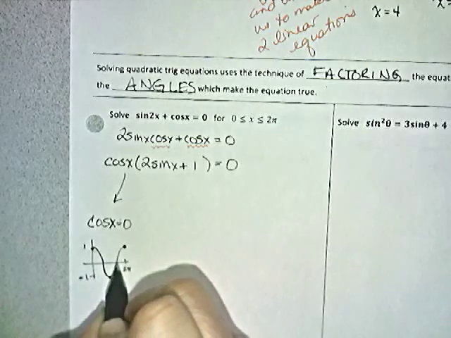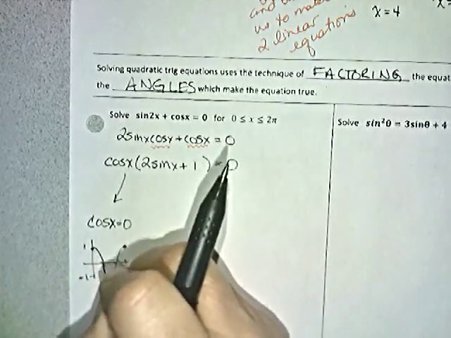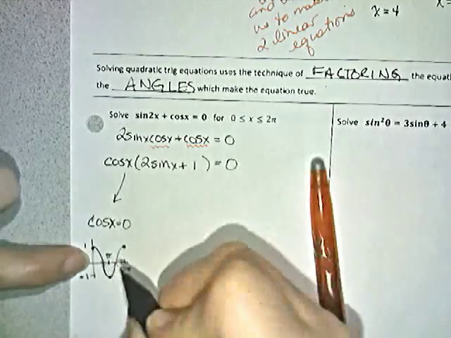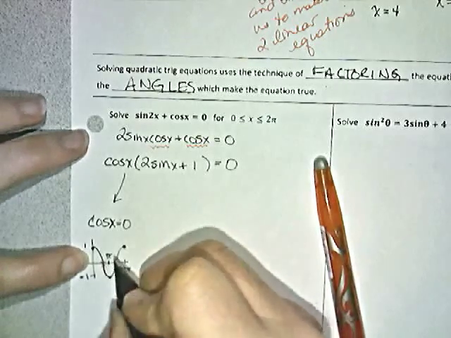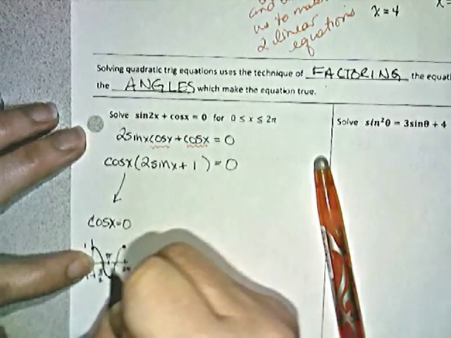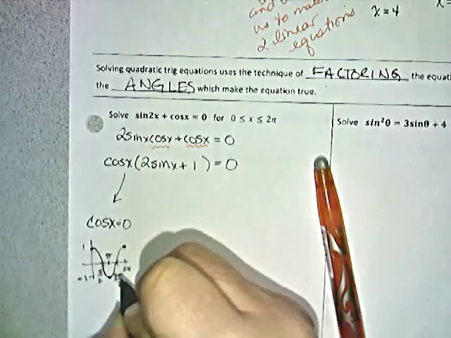What values are these where cosine is equal to 0? Well, right here and here, we know that that is our pi radians. I haven't drawn it fabulously symmetrical here, but I do know that these values would be halfway in between. And so we've got pi by 2 radians here and 3 pi by 2 radians here.